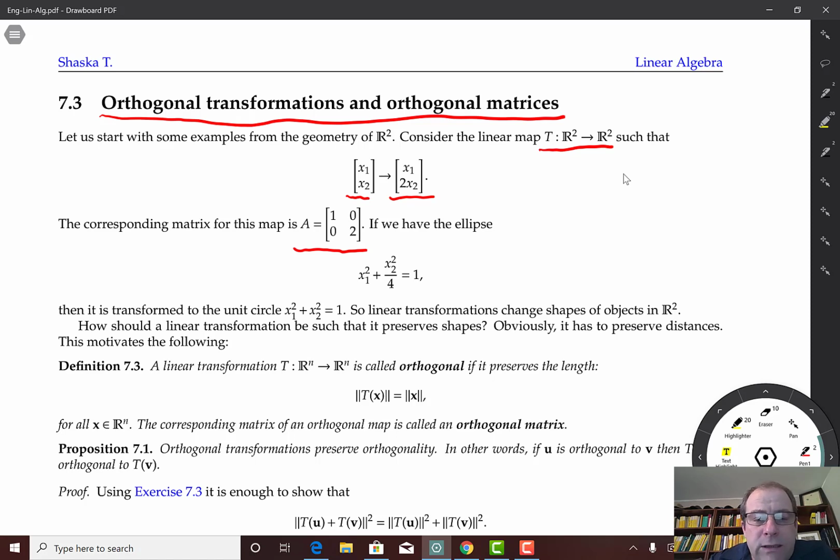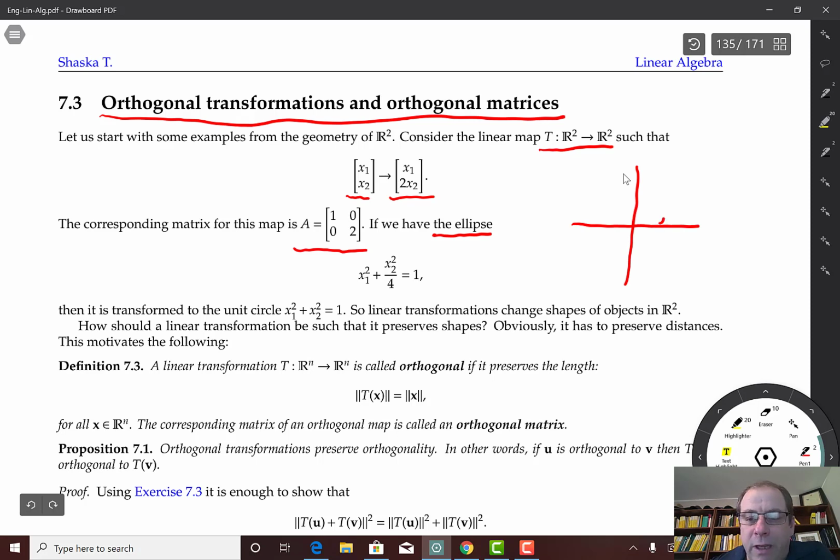And so let's just see what happens now to this elliptic shape. So we have an ellipse in the first R squared, right? An easy way to draw this ellipse is that it intersects the x-axis in the plus minus 1 point and the x2 axis in the plus minus 2 points, right?